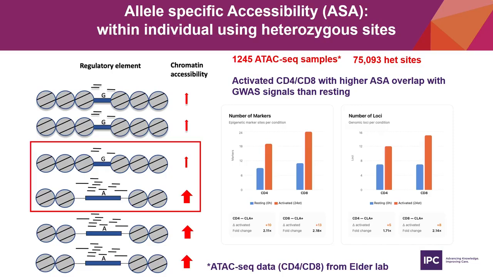Many of those overlap with the GWAS signals, but only in a context-specific manner, which means in activated CD4 and CD8 cells. When comparing with resting T cells, there is almost 2 times more overlap, indicating that the GWAS signals that overlap with these epigenetic sites have this context-specific effect.